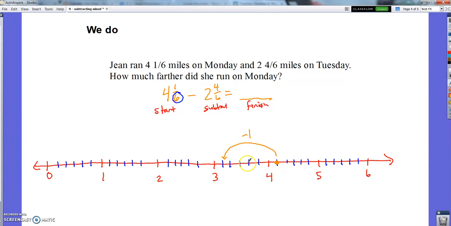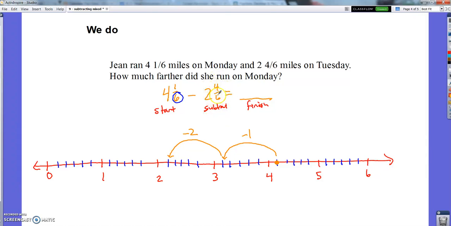There's 1 whole. And then my next one, same thing. 1, 2, 3, 4, 5, 6. I'm going to go to 2 1/6. That's my minus 2. So you can see why these are a whole. I went from 4 1/6 to 3 1/6 to 2 1/6.